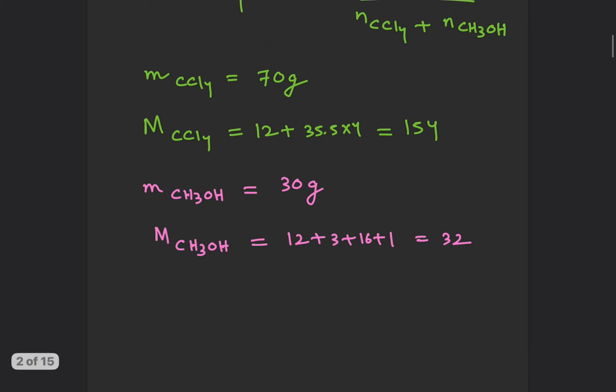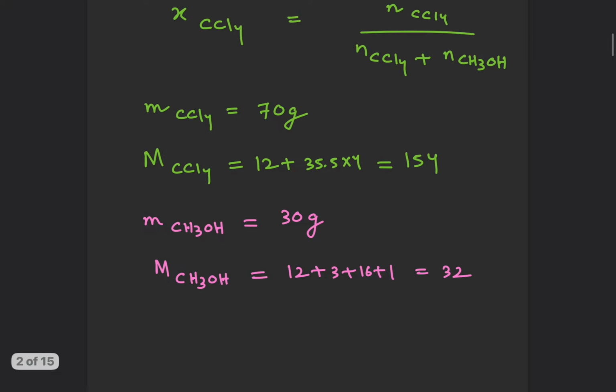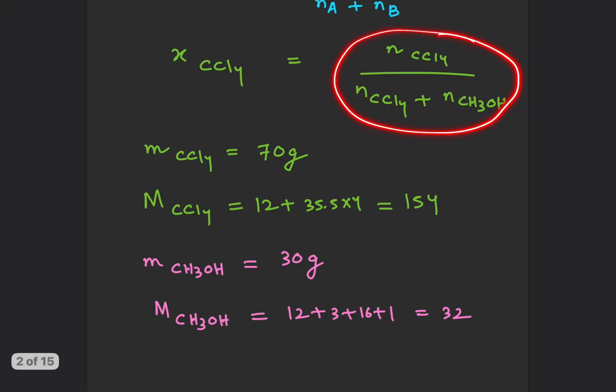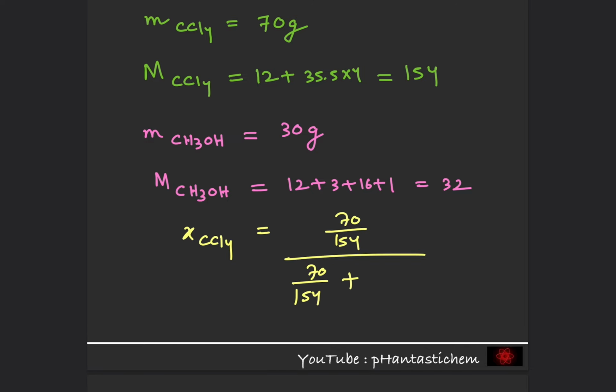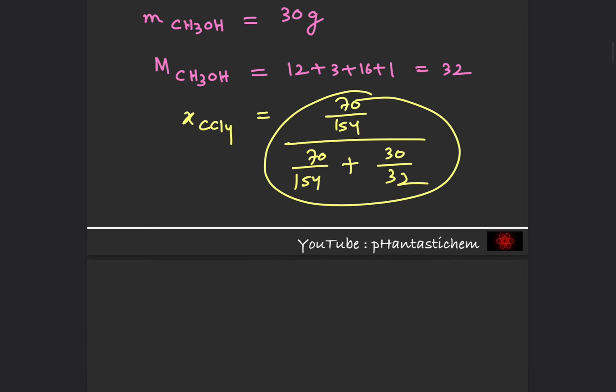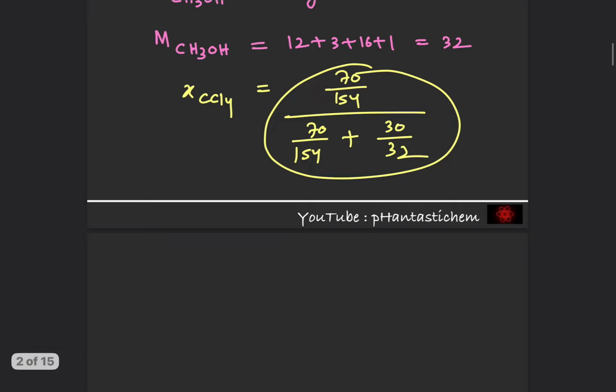So we have all the information, so we can substitute these values in this particular equation. On substituting, we get mole fraction of CCl4 is equal to 70 by 154 divided by 70 by 154 plus 30 by 32. So when we do this calculation, the mole fraction of CCl4 is approximately 0.3265, which can be rounded off to 0.33.